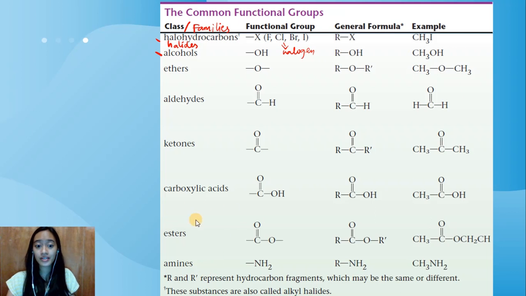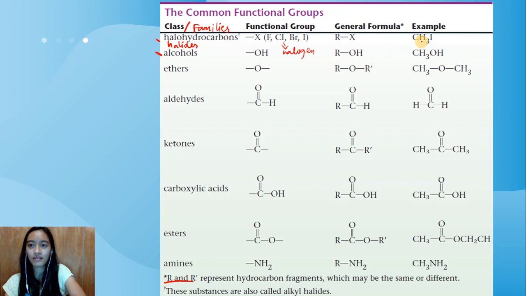And by the way, the R and the R prime symbols here, they represent hydrocarbon fragments or the chains of hydrocarbon, which may be the same or different. So here, for example, for the halo hydrocarbons or the halides, we have R-X as the general formula.